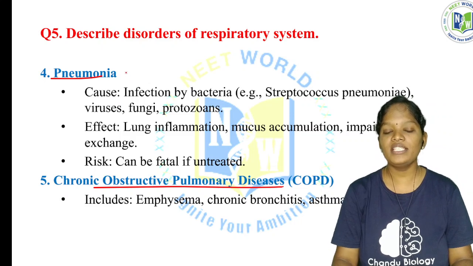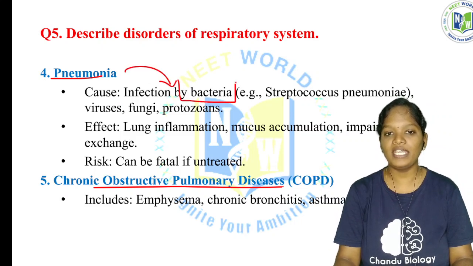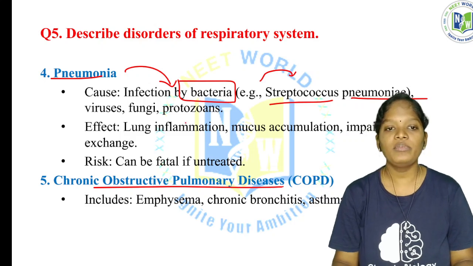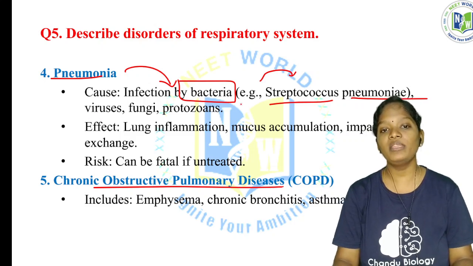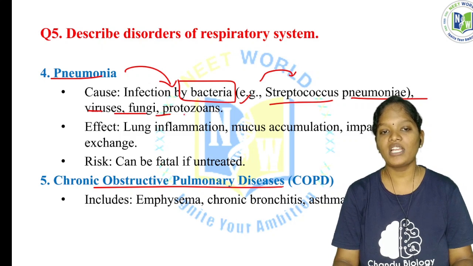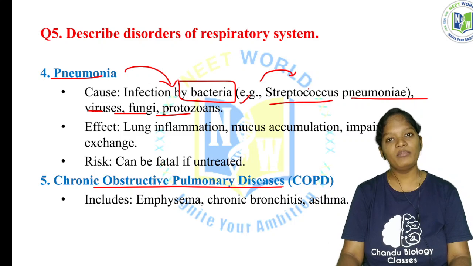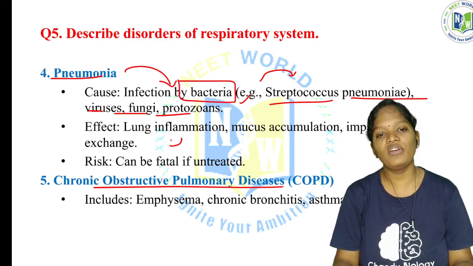Now pneumonia. Pneumonia is usually caused by infection with bacteria, and the name of the bacterium is Streptococcus pneumoniae. It is caused not only by bacteria but also by viruses, fungi and protozoans, which affect the lungs.